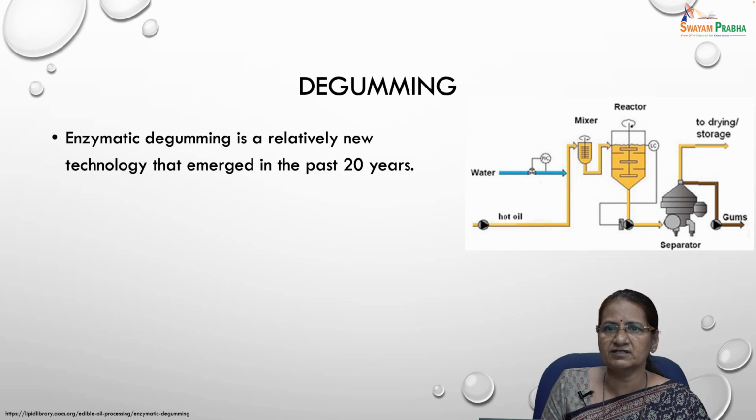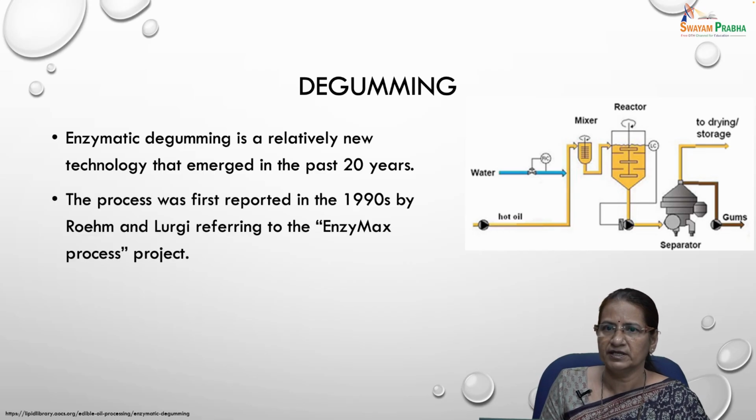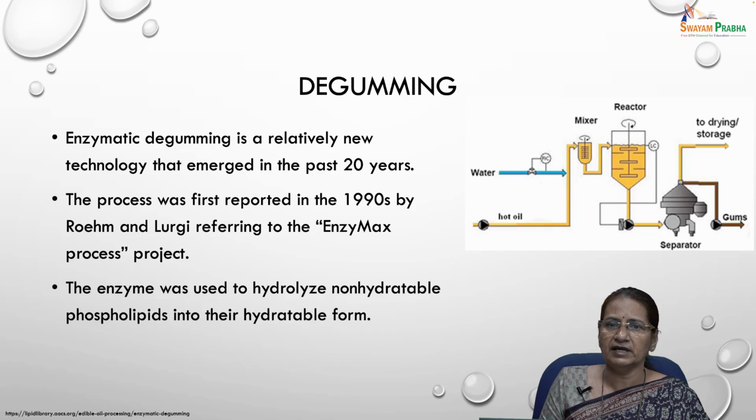Enzymatic degumming is a relatively new technology that emerged in the past 20 years. The process was first reported in the 1990s by Röhm and Lurgi, referring to the Enzymax process project. The enzyme was used to hydrolyze non-hydratable phospholipids into their hydratable form.